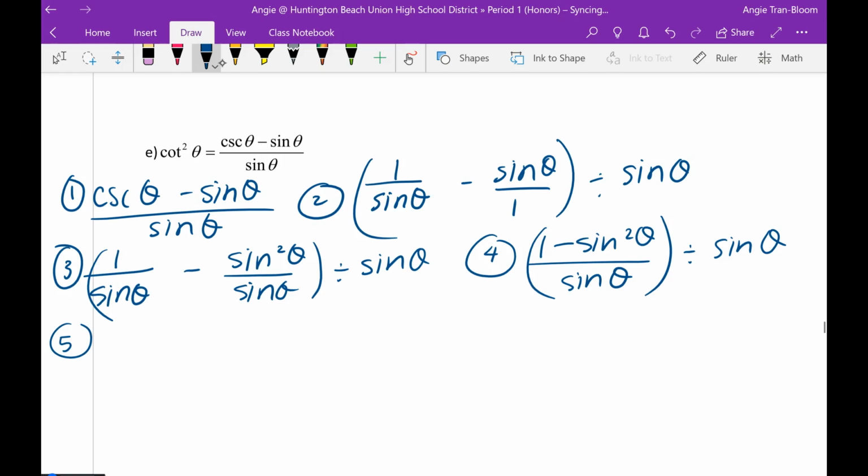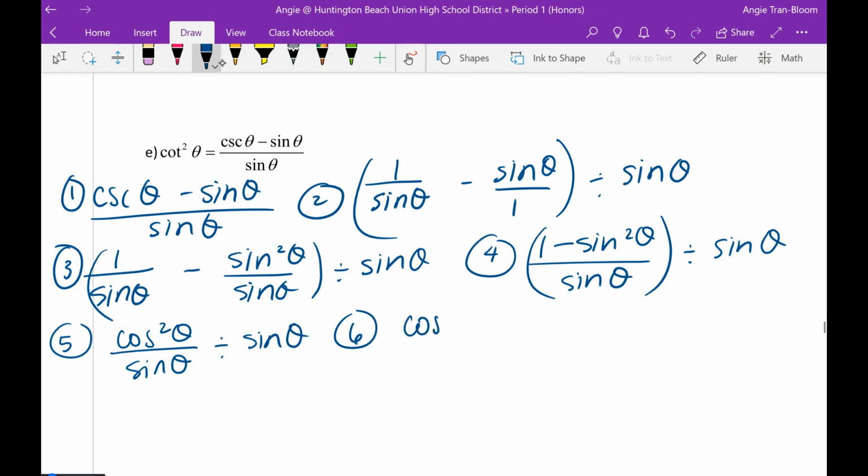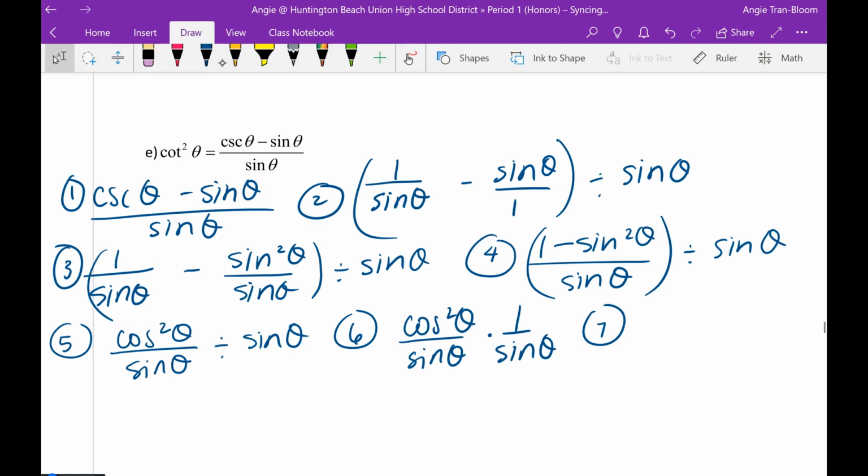Then I made it into cosine squared. Cosine squared of theta over sine of theta. And then divide still? What's your next move? Then I multiplied by 1 over sine. Okay, so multiply by its reciprocal. Okay, and then? Then I combine sine.